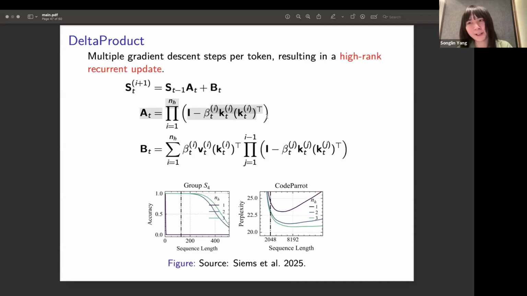Although previously we showed that DeltaNet is beyond TC0, in order to approximate an arbitrary matrix in a single step, we need d Householder matrix multiplications to approximate an arbitrary dense matrix. And in their paper, they show that in a synthetic task, S4, simply increasing the rank from 1 to 2 and 3 could boost the performance in this task.